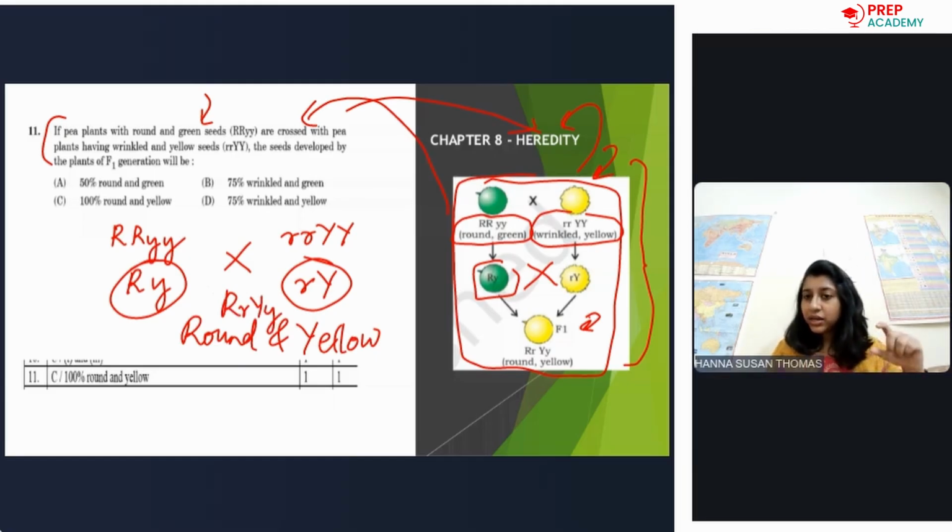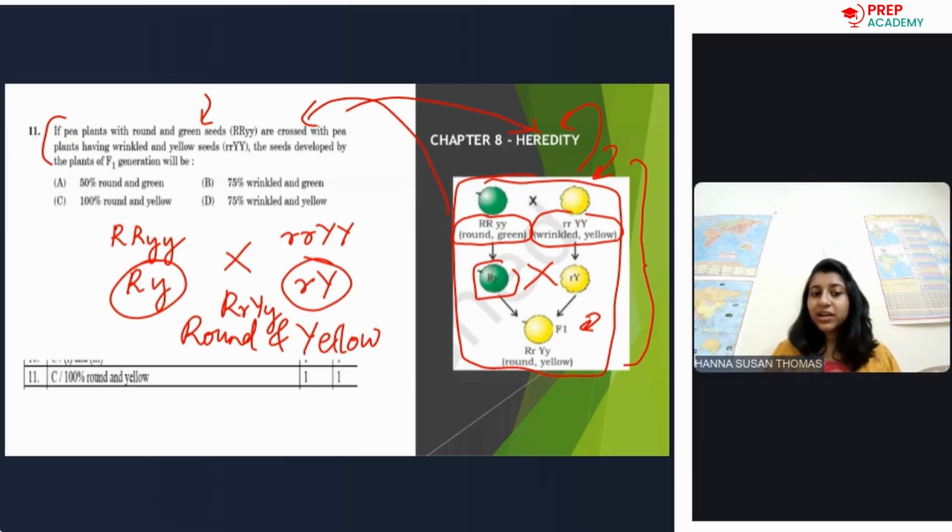Because you know that round, in case of the shape of the seed, is the dominant trait, and yellow, in case of the color of the seed, is the dominant trait. I have told you before that a dominant trait expresses and suppresses the recessive type.